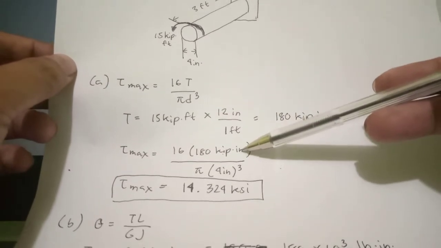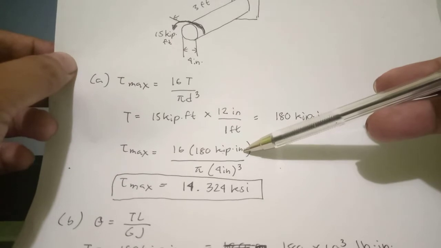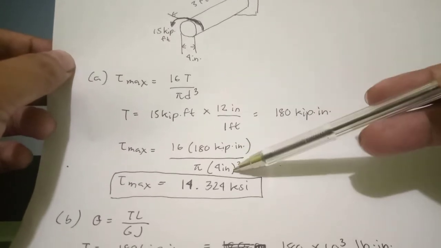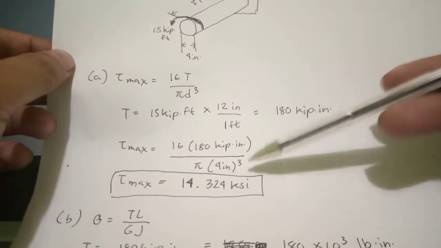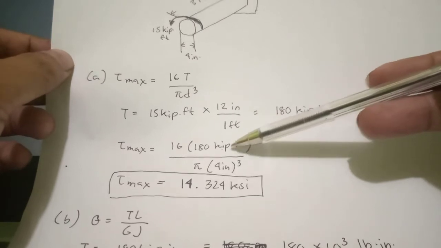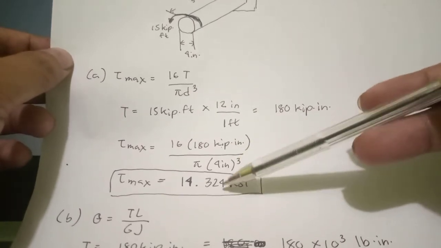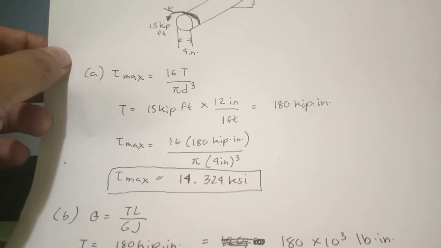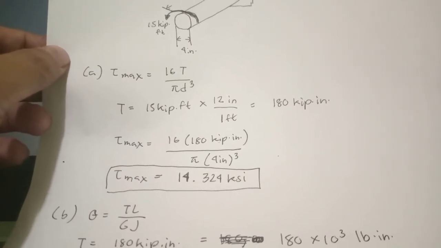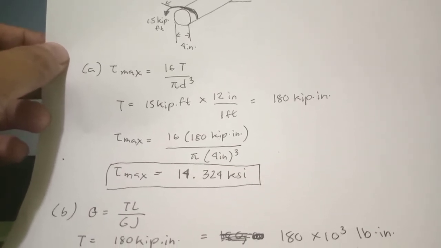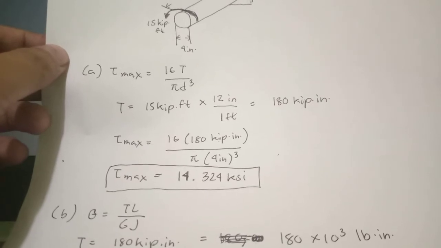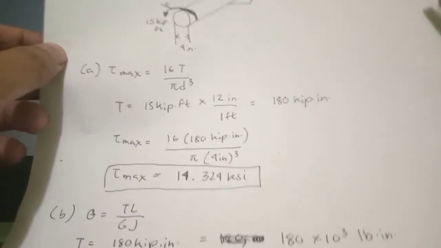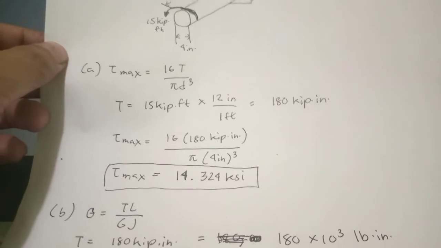So that it will cancel out: inch to the power of 1 on top, and at the bottom inch to the power of 3. So we got kip per square inch, or KSI, or 14.324 KSI. Always remember that the length and the weight should have uniform units, or else you will get an erroneous answer.